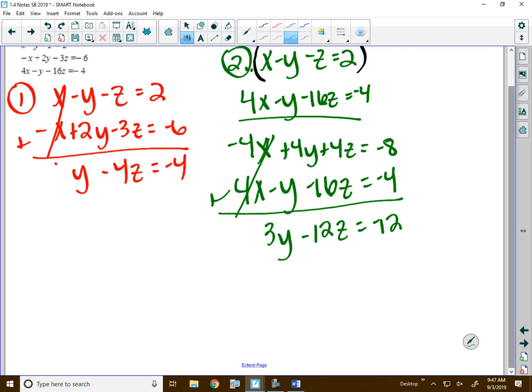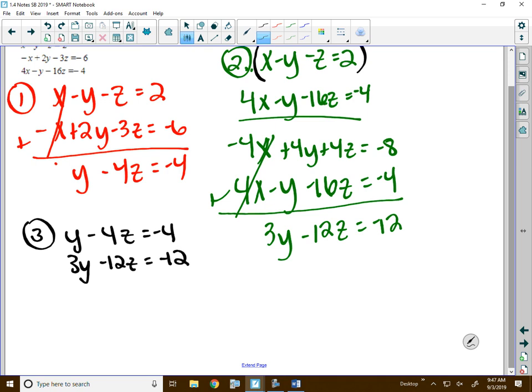Now I want you to watch very close here. When I do step 3, I'm going to put my 2 equations that I just got together. It doesn't matter what we cancel. What would you like to cancel? Z?